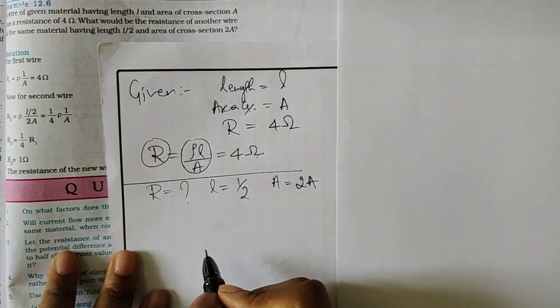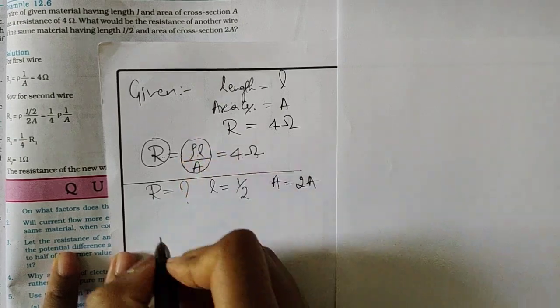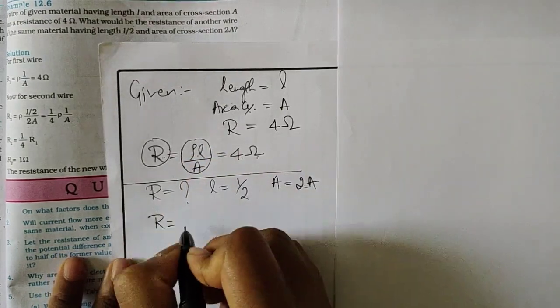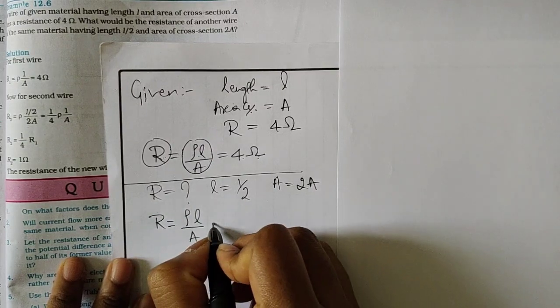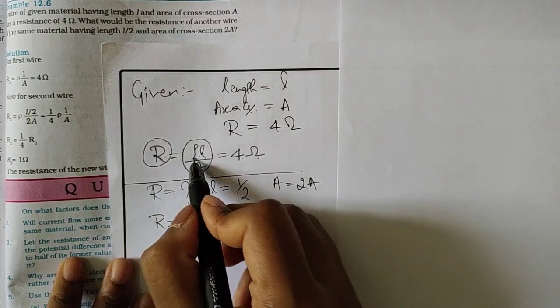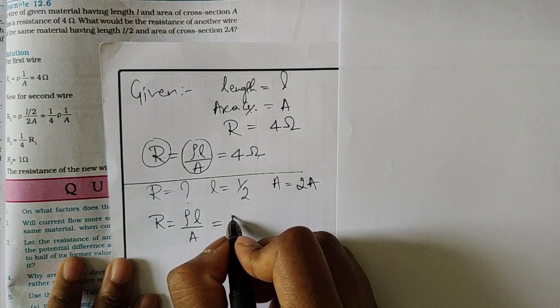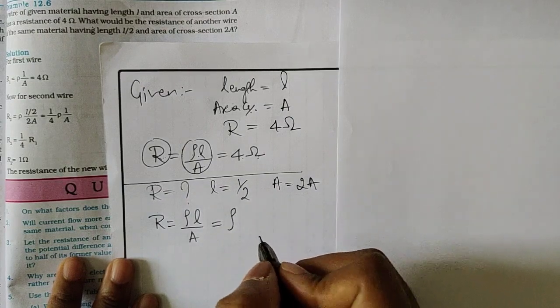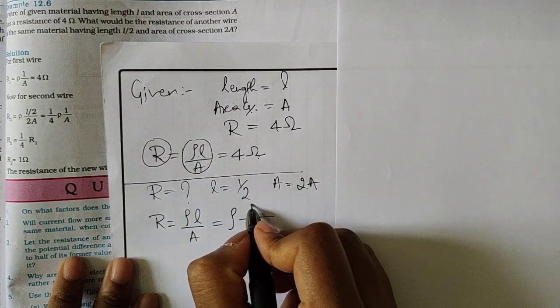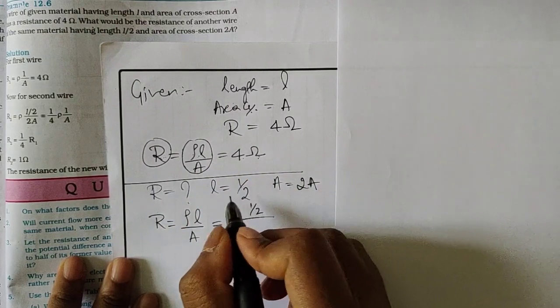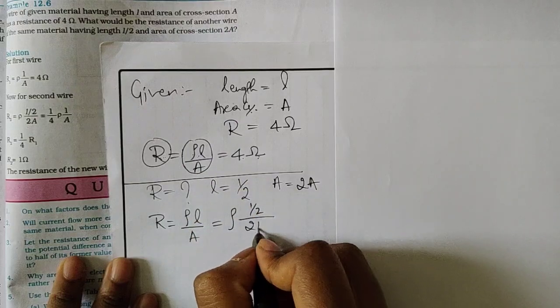Now let me write the same formula because we need to find R now, here, rho L by A. They are not given resistivity, so what can I do? Let me take resistivity outside, that means let it be here. L they are given, that is L is 1 by 2, A they are given, that is 2A.